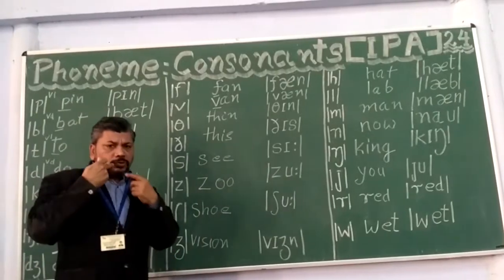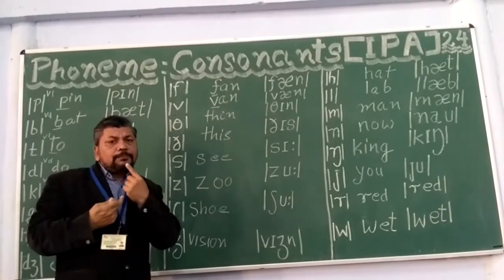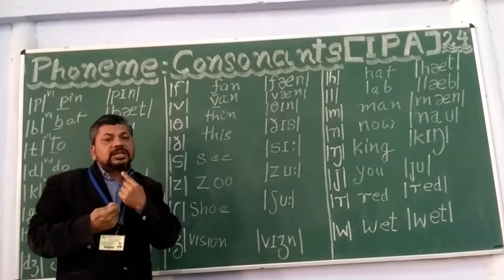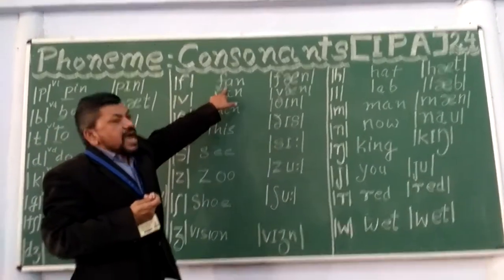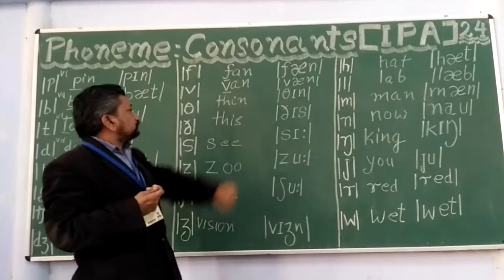In labiodental, the active articulator is the lower lip and the passive articulator is the upper teeth. So fa and va, fan and van.